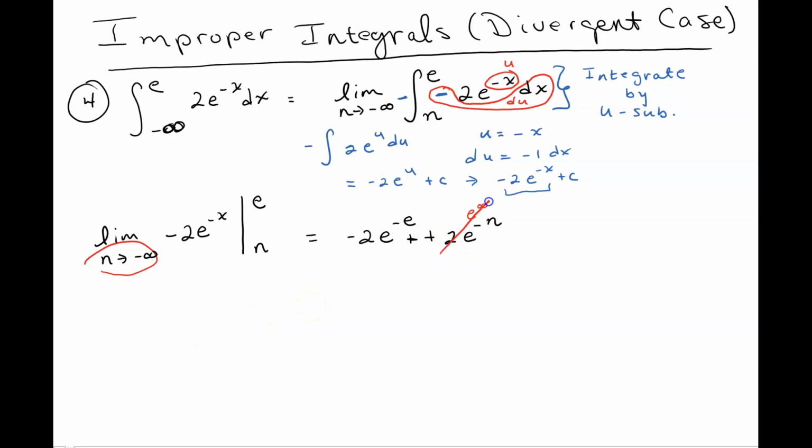That means that this all together is just going to go to infinity. So it really doesn't matter what this constant is, because you're just tacking it onto infinity and it's going to be approaching infinity. Therefore, the conclusion we can draw here is that this diverges. Why? Because it doesn't seem to settle on any particular number.